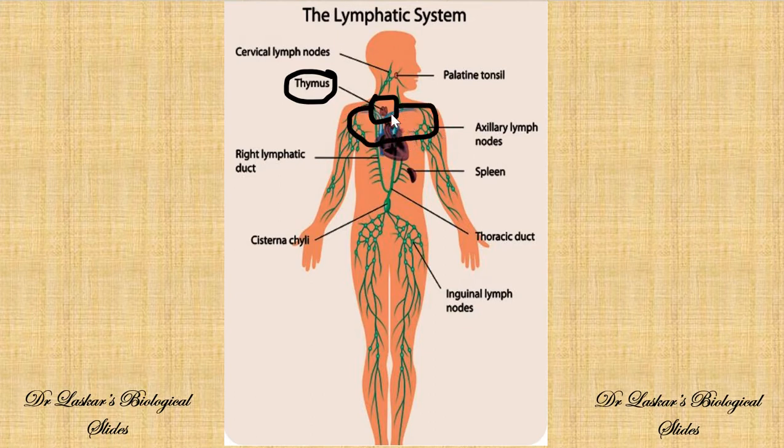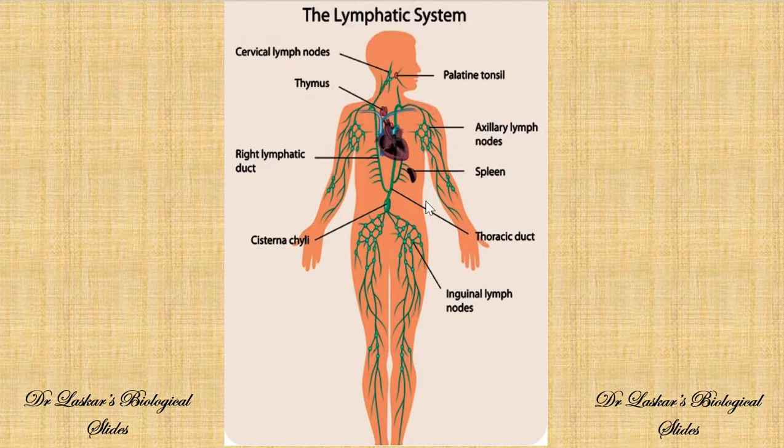You can see the thymus is mainly located in the anterior part of the thorax and the lower part of the neck. It helps in the production of some important lymphatic cells, mainly WBCs, and in this way it helps to provide us immunity.